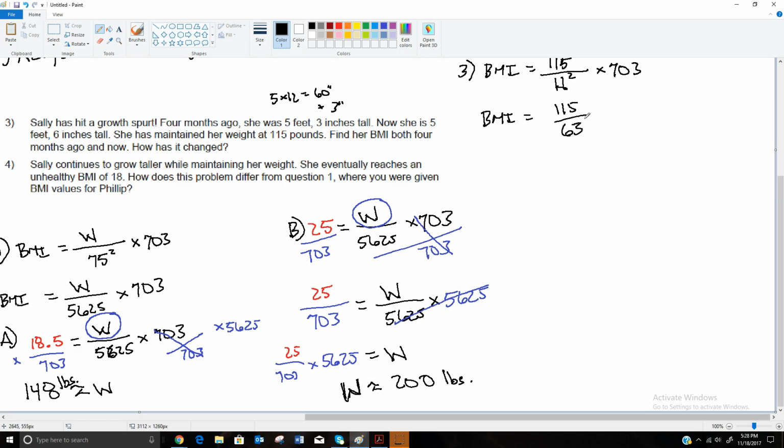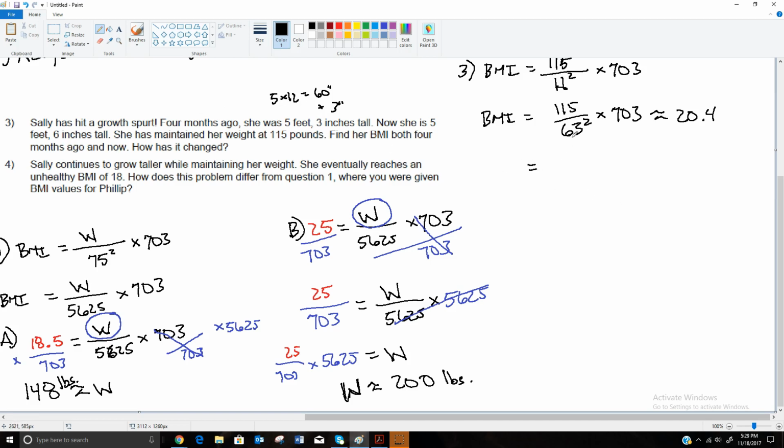Don't forget it's got to be squared, times 703. So 115 divided by 63 squared, and then times 703. And that gets her BMI at roughly 20.4. Now, if she's grown from 5'3" to 5'6", that means she's grown 3 inches.